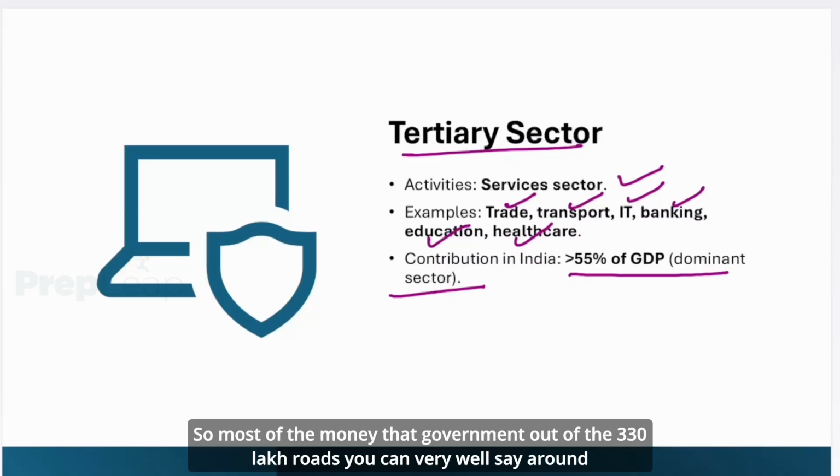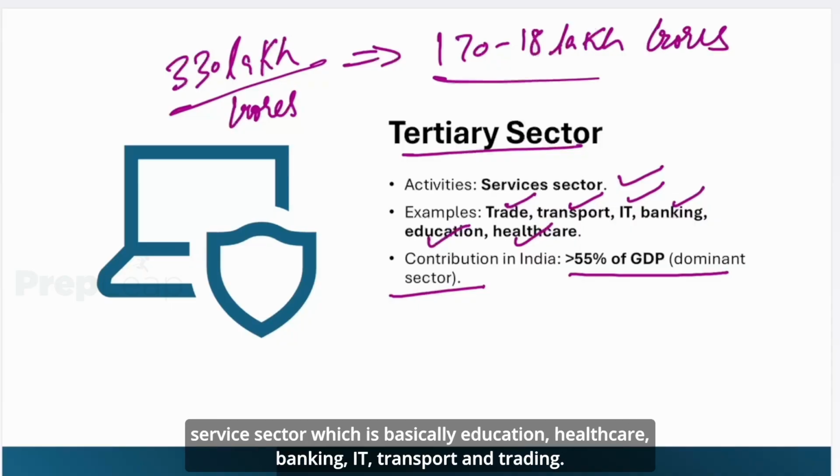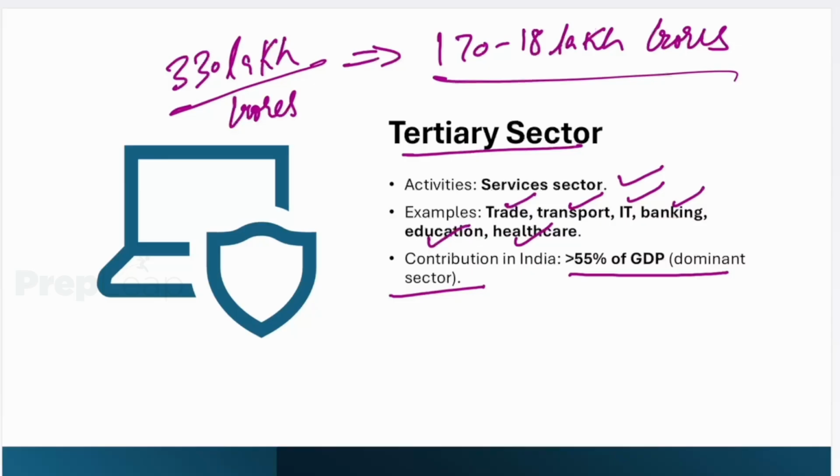So out of the 330 lakh crores, you can very well say around 170 to 180 lakh crores, mind these are crores, right, is coming from the service sector, which is basically education, healthcare, banking, IT, transport, and trade, right?